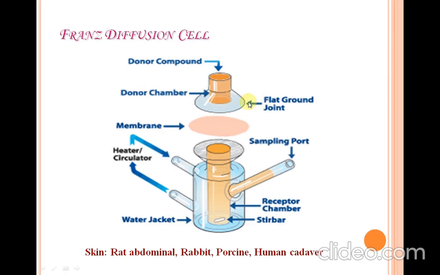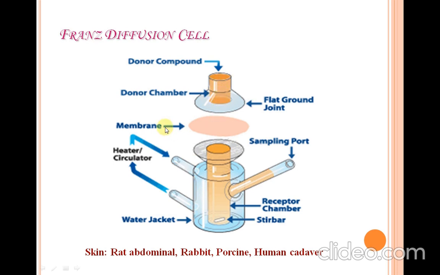In this diagram we can see the Franz diffusion cell. Using this apparatus we determine the release rate or diffusion rate of the drug from the patch. This is the donor compartment, generally used when we are checking the diffusion from any ointment or creams.